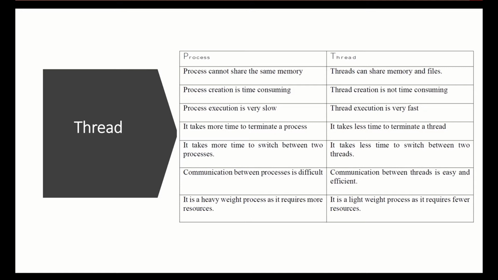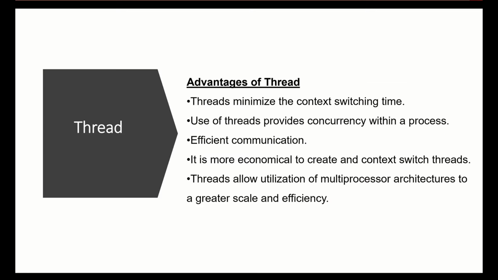It takes more time to switch between two processes, while it takes less time to switch between two threads. Communication between processes is difficult, while communication between threads is easy and efficient. A process is heavyweight, while a thread is lightweight and requires fewer resources.